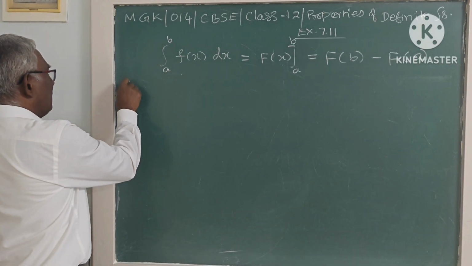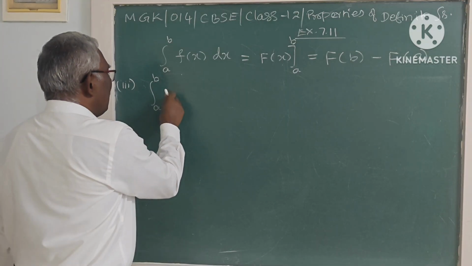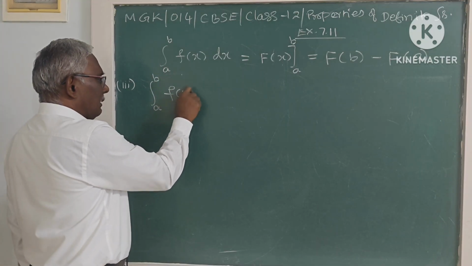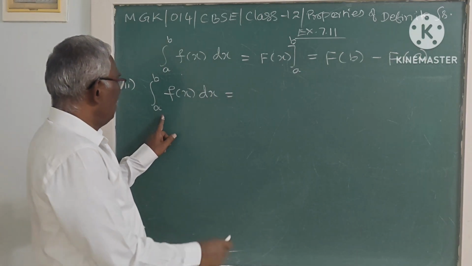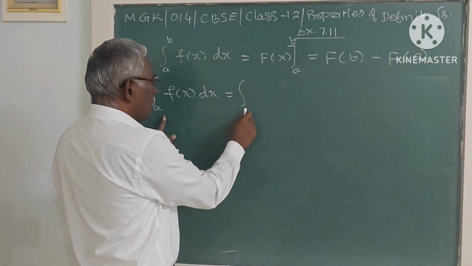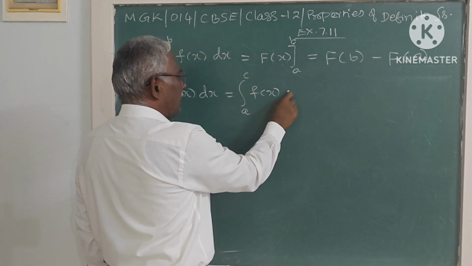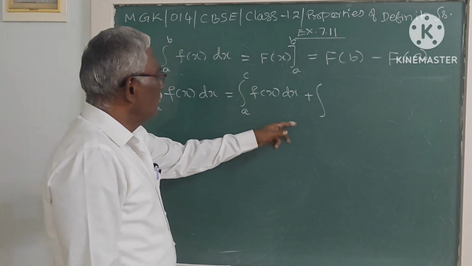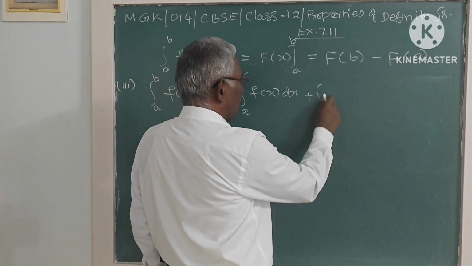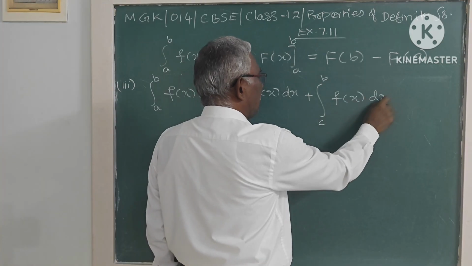Third one: integral a to b f of x dx is equal to integral a to c f of x dx plus integral c to b f of x dx.